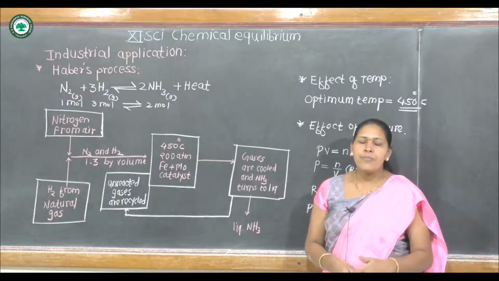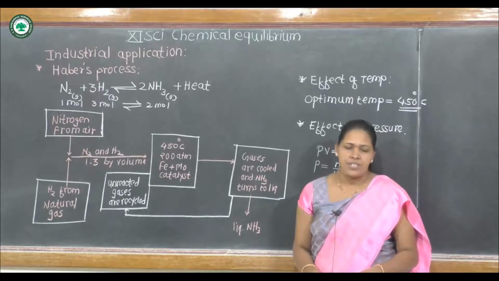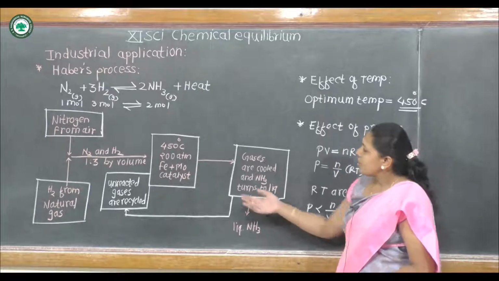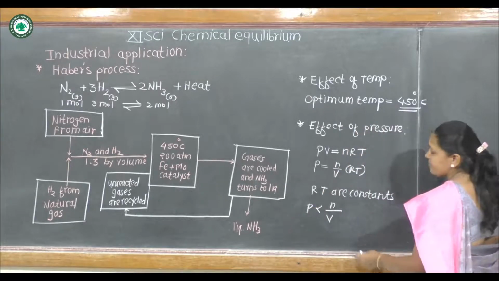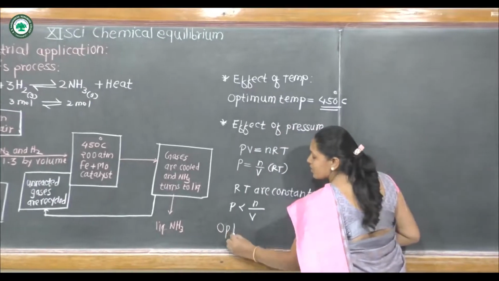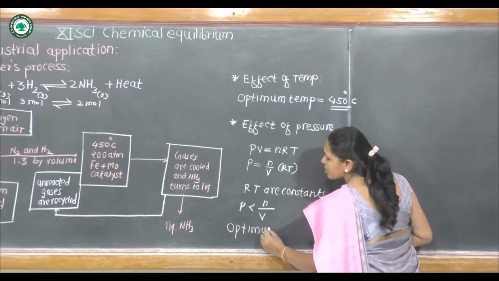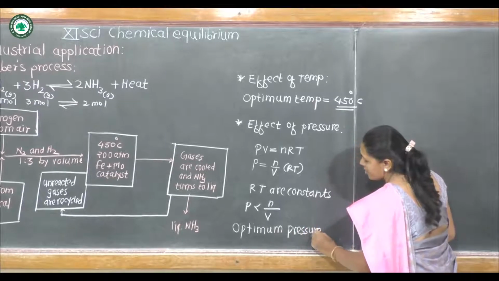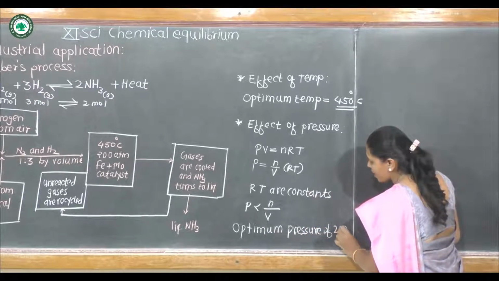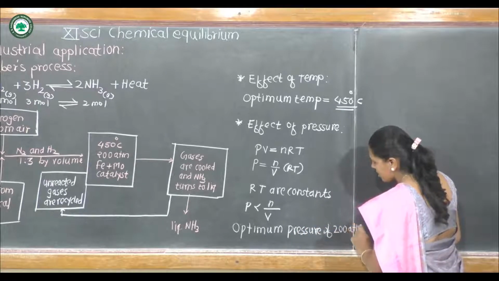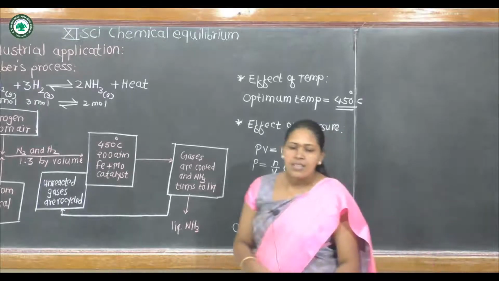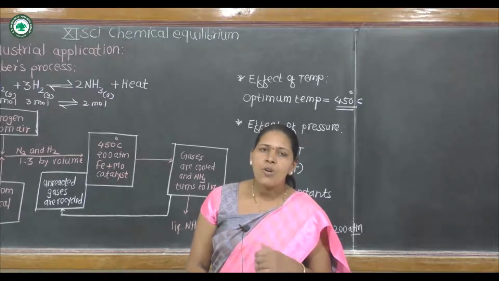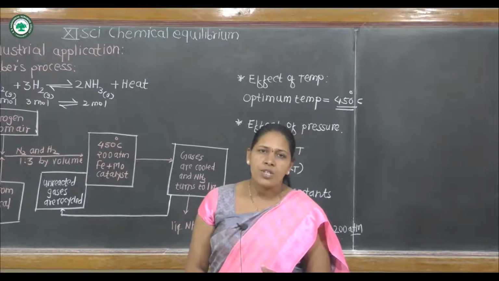But at high pressure, the catalyst becomes inefficient. Therefore, an optimum pressure of 200 atmosphere is the best for this reaction, the formation of ammonia by using Haber's process.